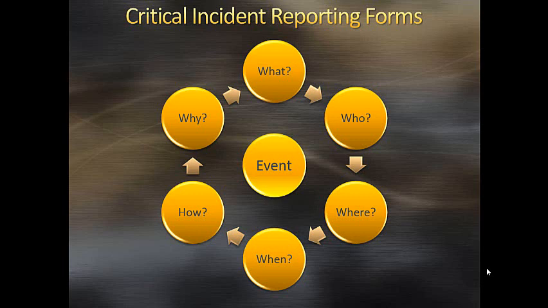When did the event occur? Place, date, time? How serious was the incident? How can it be prevented from happening again? How is the consumer doing now? Why did the event or incident happen? When these questions are answered for all events and near misses, patterns often emerge and preventable causes are often discovered.